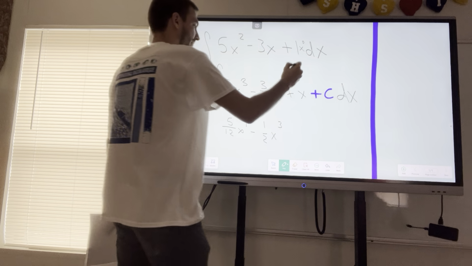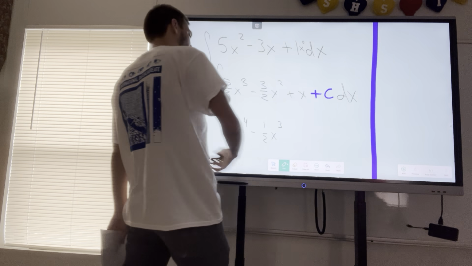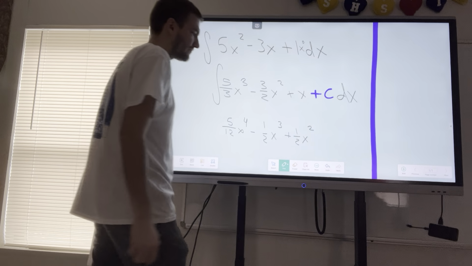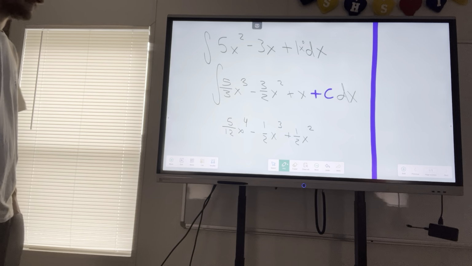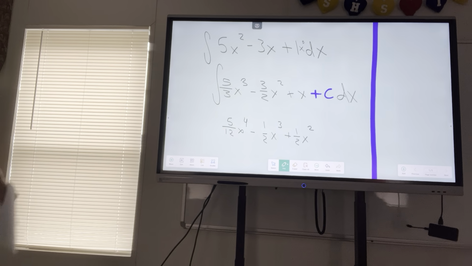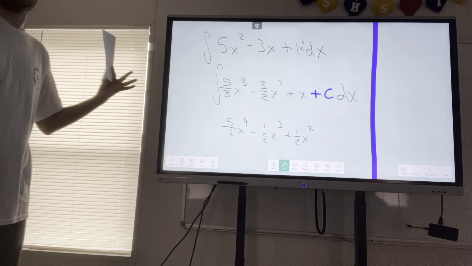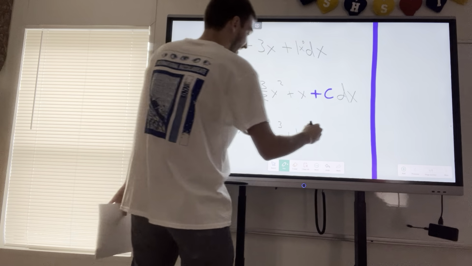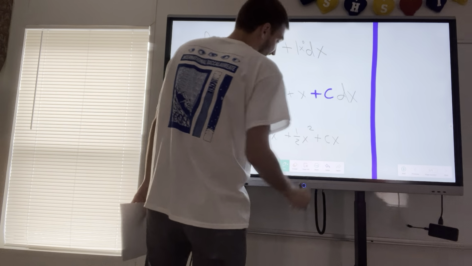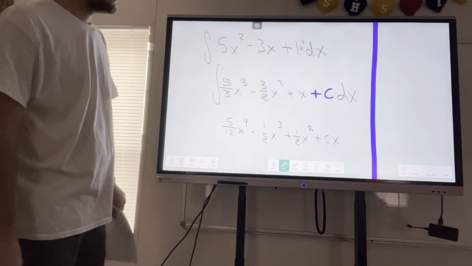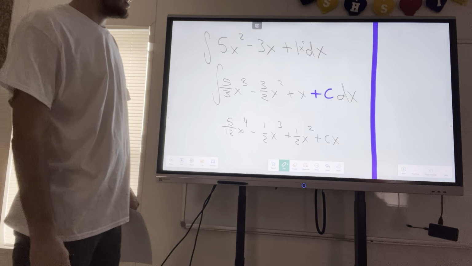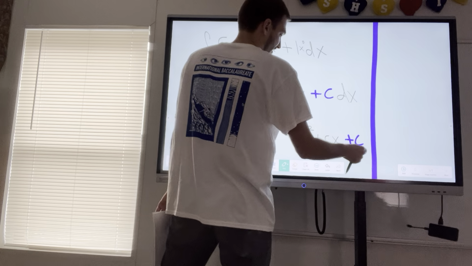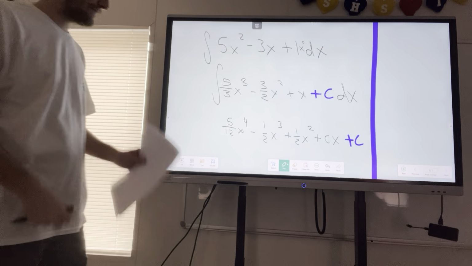And then for this one, I'm gonna add 1 to make 2 and divide by 2. Now I'm gonna get plus 1/2 x squared. And then C is just a number. It could be any number. And so if I do the integral of that, it's gonna be Cx, plus C on the end of that.